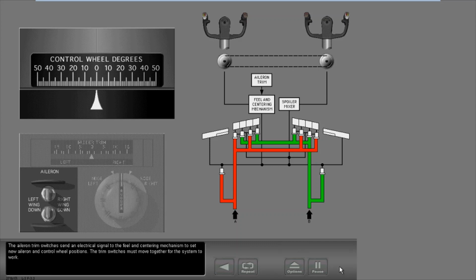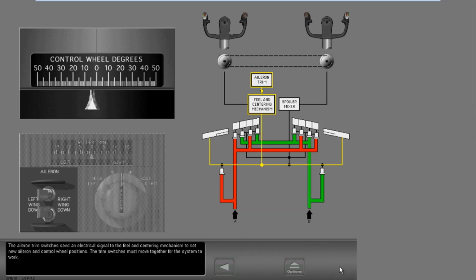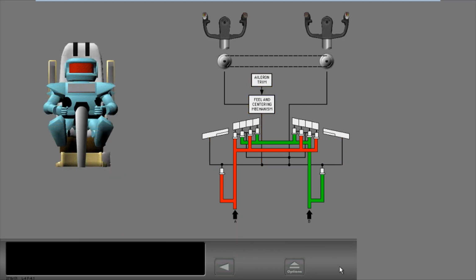The trim switches must move together for the system to work. When the autopilot is engaged, the autopilot roll channel moves a cable to the feel and centering mechanism, which in turn moves a cable to the aileron PCUs.